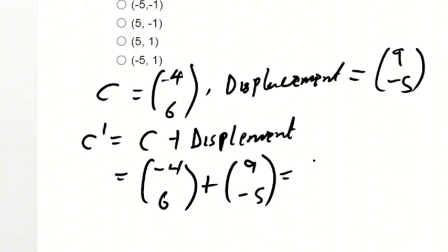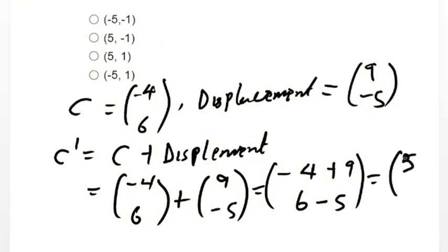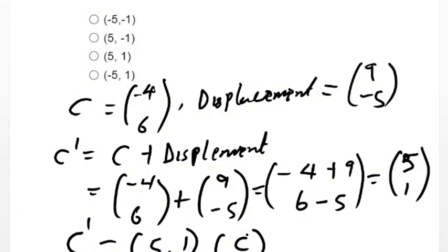So which equals -4 plus 9, then 6 plus times minus is minus, so that's 6 minus 5. So we now have 5, 1, which is equivalent to 5, comma 1. So that is option C.